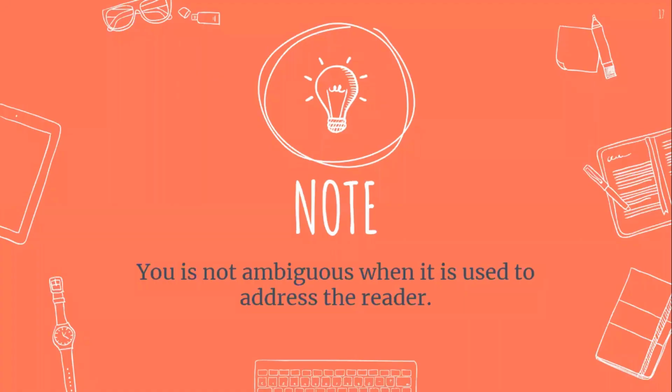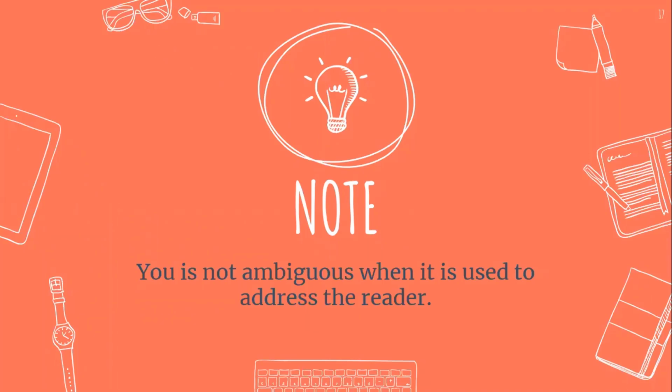So note, "you" is not ambiguous when it is used to address the reader, right? So here is another instance where you don't have to be so confused about when to use you, they, it.